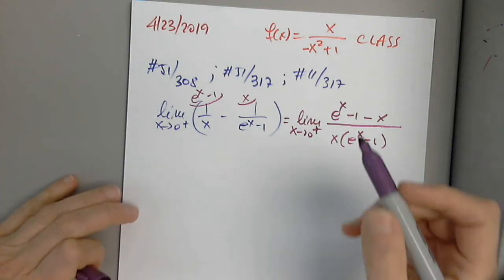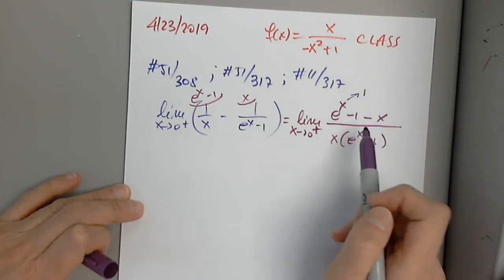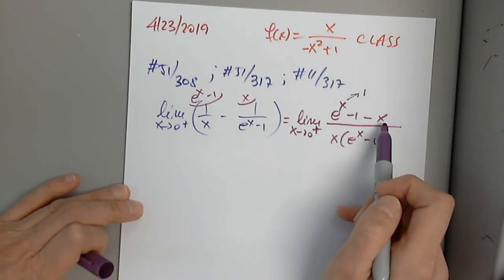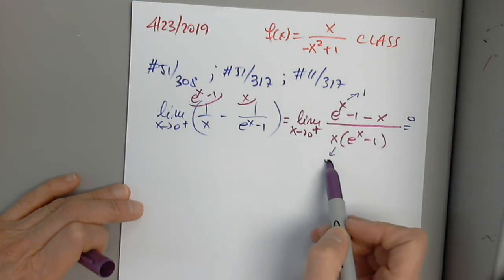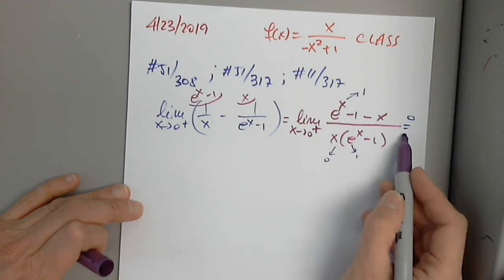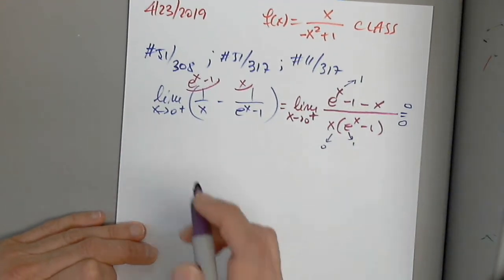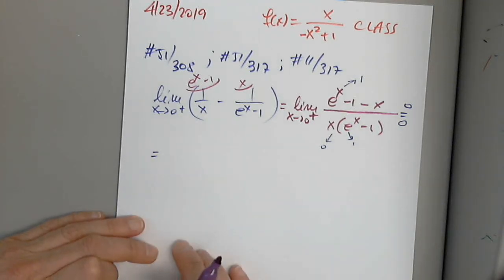Excellent, well done. So this approaches 1. 1 minus 1 minus 0 is 0. This approaches 0. This approaches 1. 1 minus 1 is 0. 0 over 0. Good enough? Should I continue, or can you take it from here?